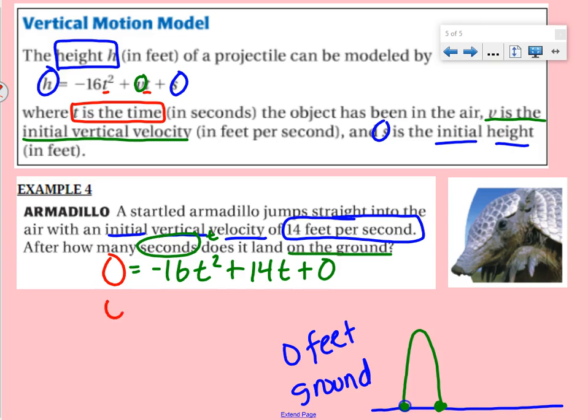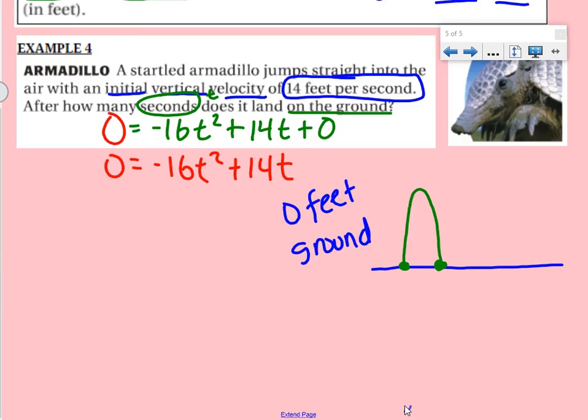Well, we have 0 equals negative 16t squared plus 14t. We don't really need that plus 0 because that doesn't add anything to it. We have an equation set equal to 0. We need to factor this. Take out a factor from each of our terms to put it into factored form. So we have 0 equals, what can we take out of negative 16 and 14?